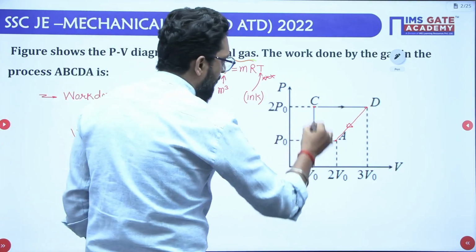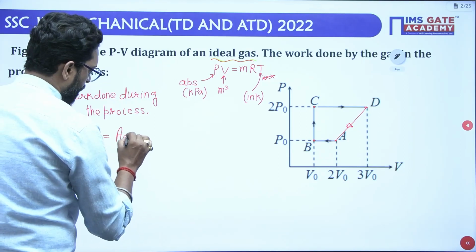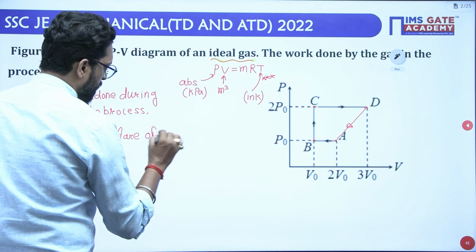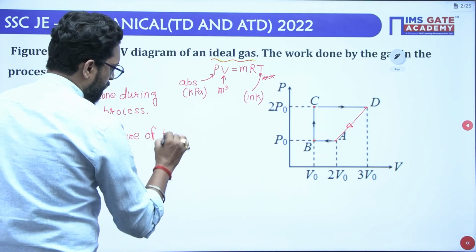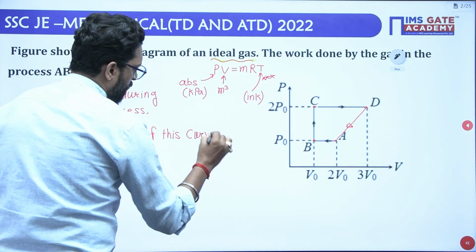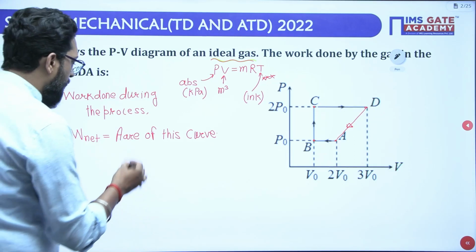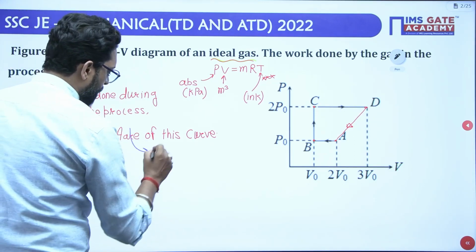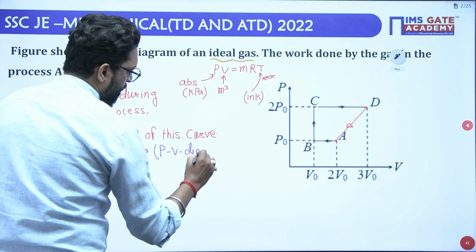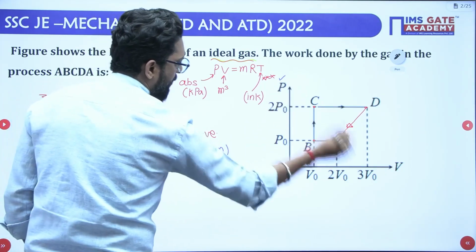So this is the area of this curve. You just have to find the area, that means the area on the PV diagram. The PV diagram is a pressure and volume diagram.